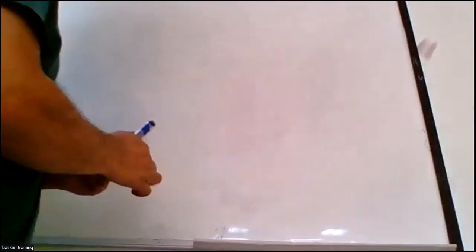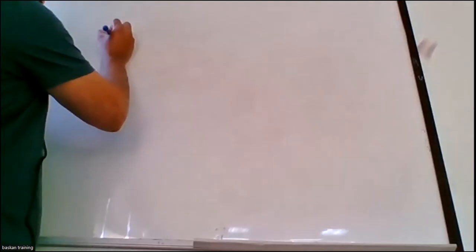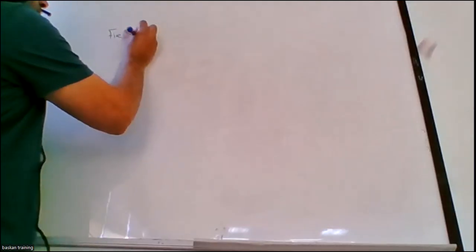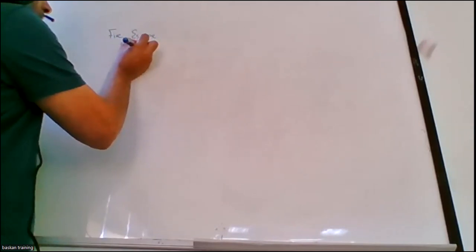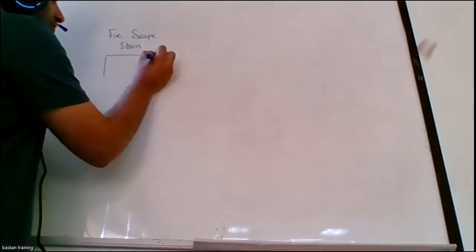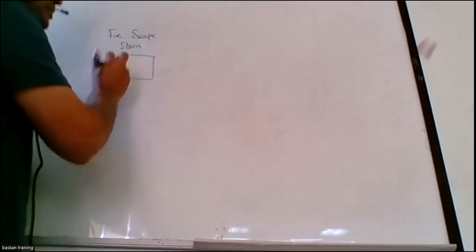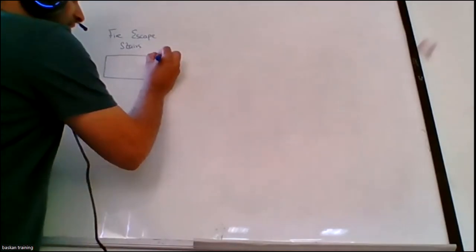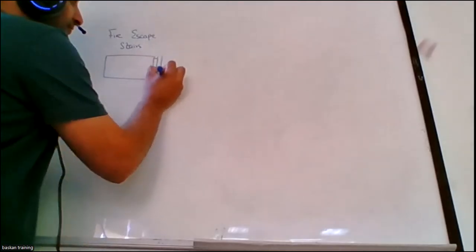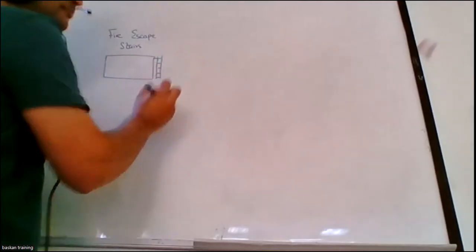Then we have fire escape stairs. Usually you'll see that some facilities don't have an internal staircase. So they have one staircase on the external side of the building. These are fire escape stairs.